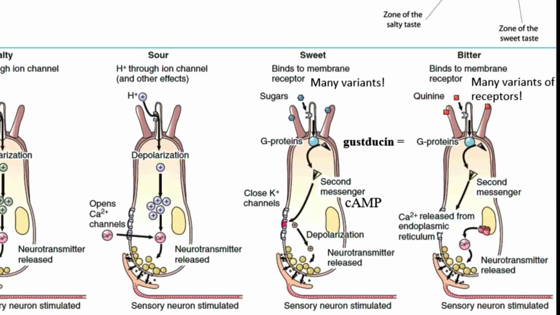This channel will be opened, then a lot of sodium will enter the cell. The action potential will be made because depolarization has reached the threshold level and will go to the brain finally. So the point was this: the G protein is activated, the adenylate cyclase is activated, so the second messenger cAMP is made, and the potassium channels will be closed.